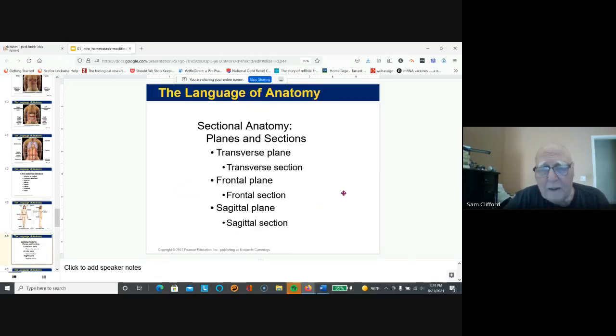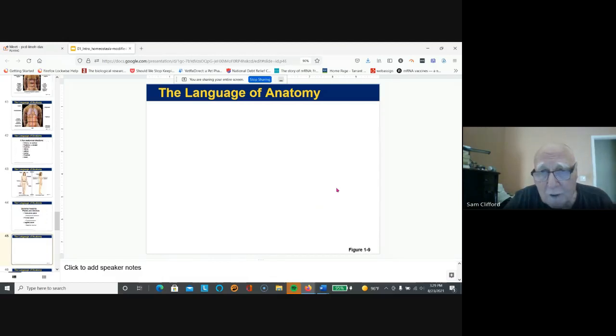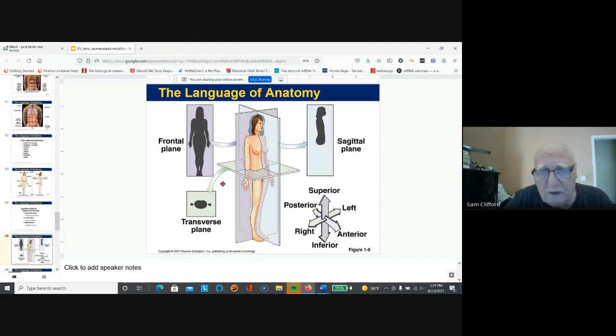Okay, we can slice up an organism in various ways. So let's look at those various ways. A transverse plane goes from anterior to posterior. A sagittal plane separates the body into right and left. The frontal plane separates the body into front and back.